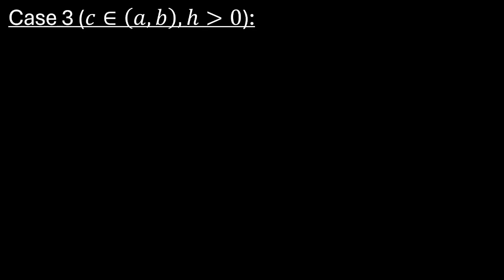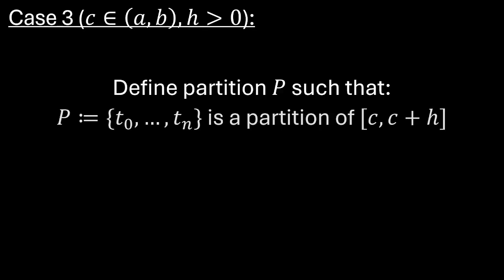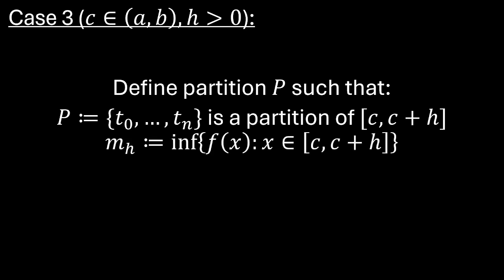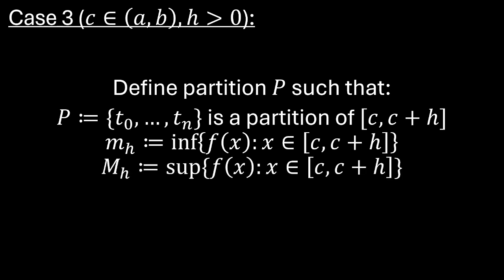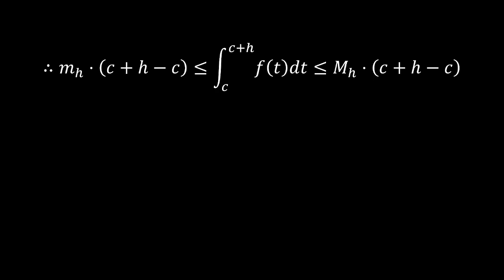Alright, so we'll look at when h is greater than 0 for that interval. So we're defining a partition P the exact same way as before, but this is on the interval c to c plus h. And then we define lower mh and capital mh the exact same way, but on that same interval. So now this is going to give us the exact same expression we had before, but instead of a, we have c.